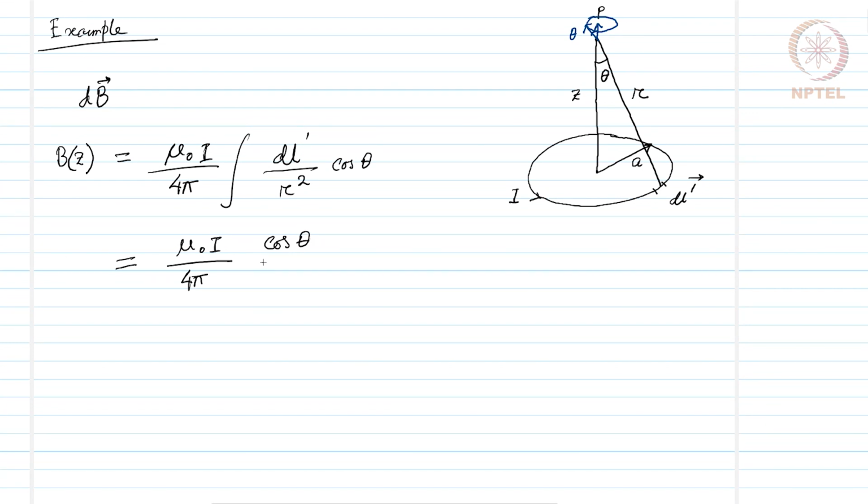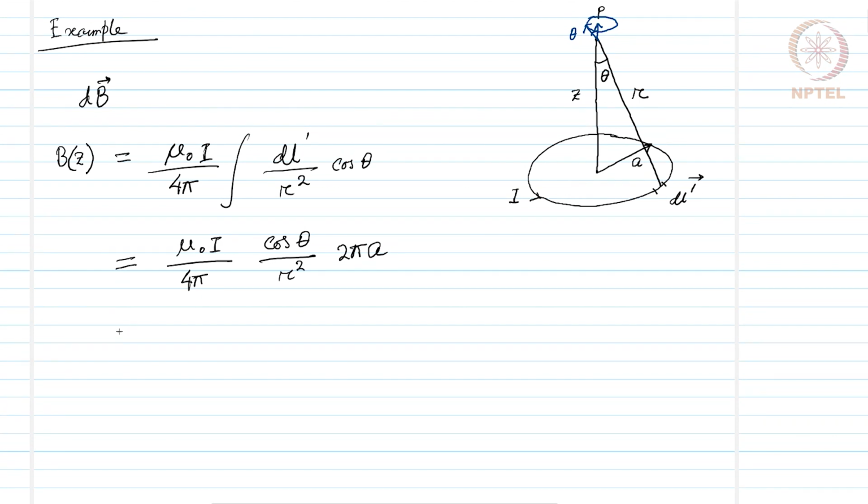So, cosine of theta remains as it is over r squared, that also is not changed, times the circumference of this circle. The circumference is twice pi a. That makes the magnetic field equals, so we have to represent this in terms of z, and r square is not fine, we have to convert it into z.